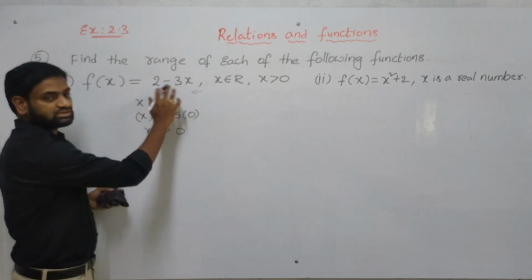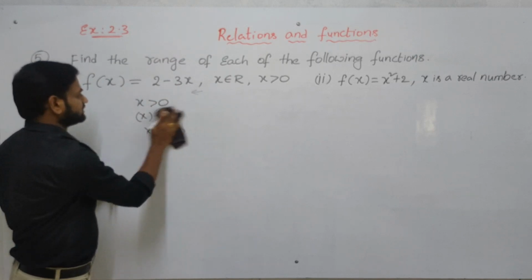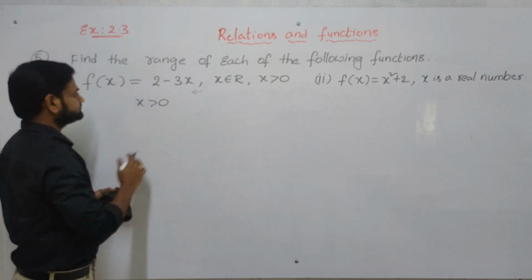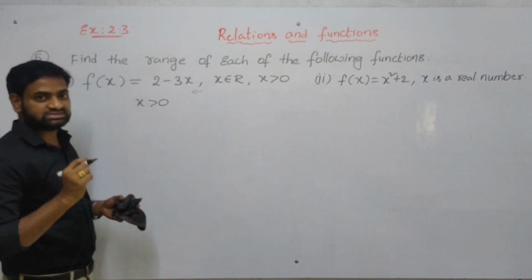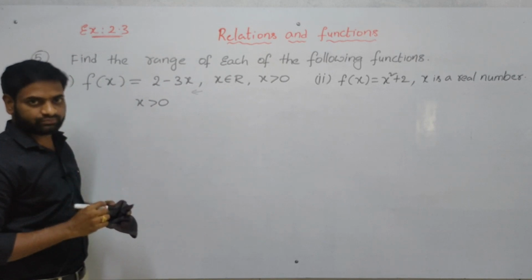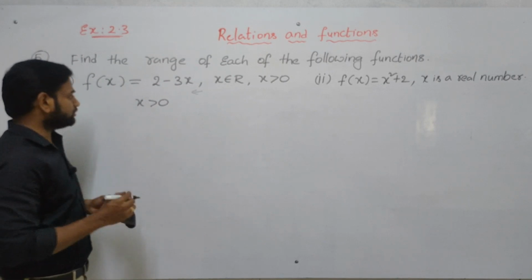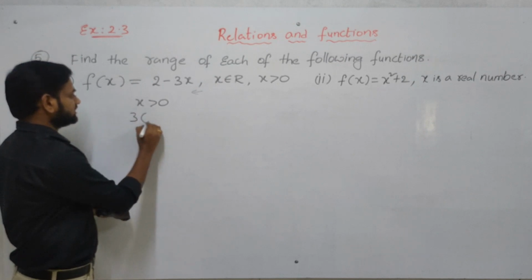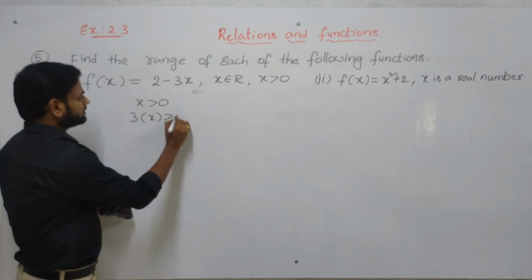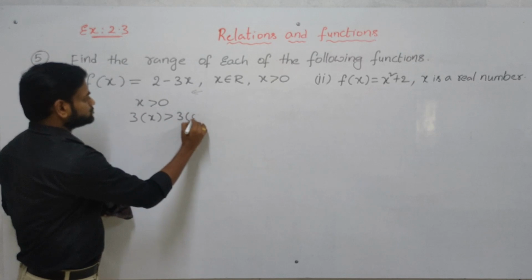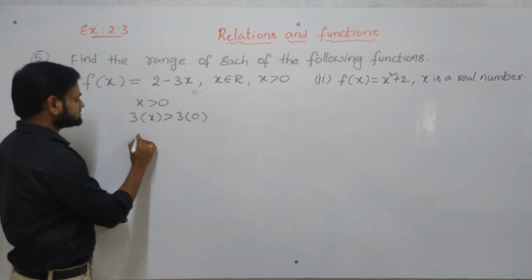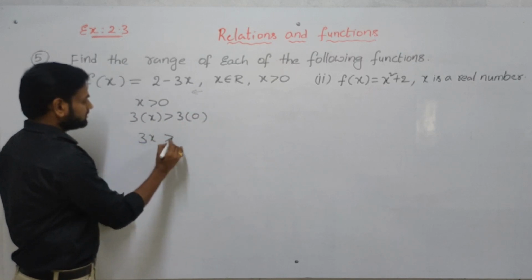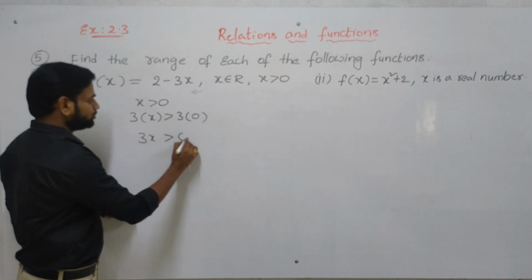Here the term is 3, so multiply with 3. Which number we have, with that number we have to multiply. That is 3 into x greater than 3 into 0. So 3x greater than 0.